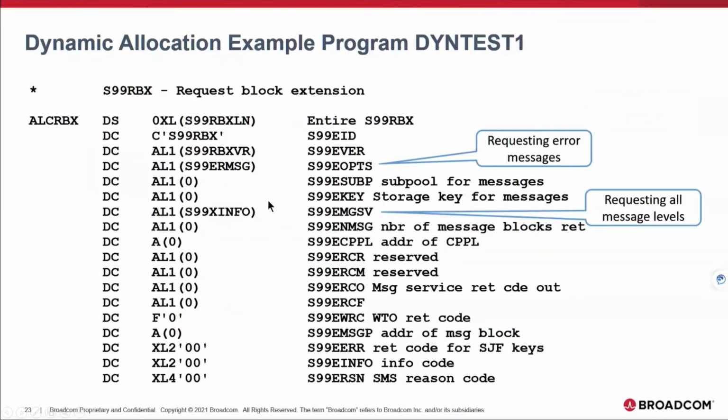In the RB extension, you notice mostly we don't have anything set. We just have a few things turned on. We have the ID, which you have to have, the version, which I said you have to use this version equate here, and then this one flag saying that we want the error messages returned to us, and here that we want to get messages of any type, not just error messages, but any kind of messages.